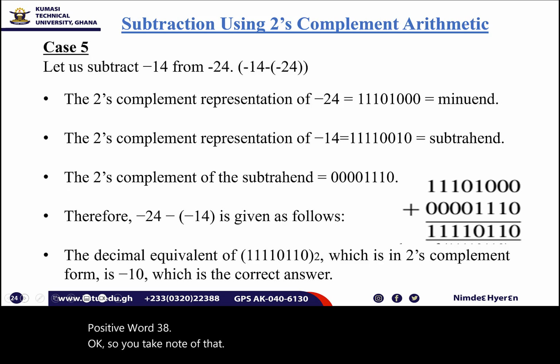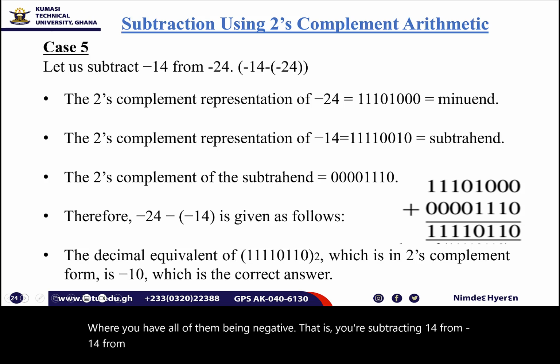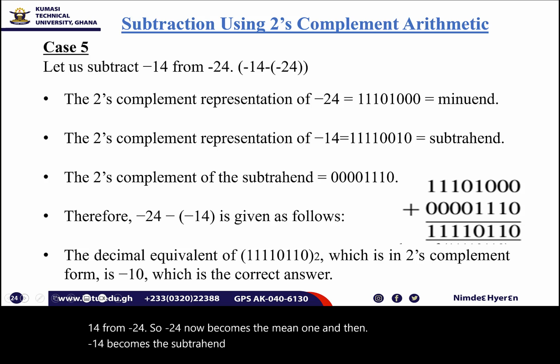Then case 5, where you have all of them being negative. That is, you're subtracting negative 14 from negative 24. So negative 24 now becomes the minuend, and then negative 14 becomes the subtrahend. So you find the 2's complement of the subtrahend, and then you perform, and you would get minus 10 as the answer.